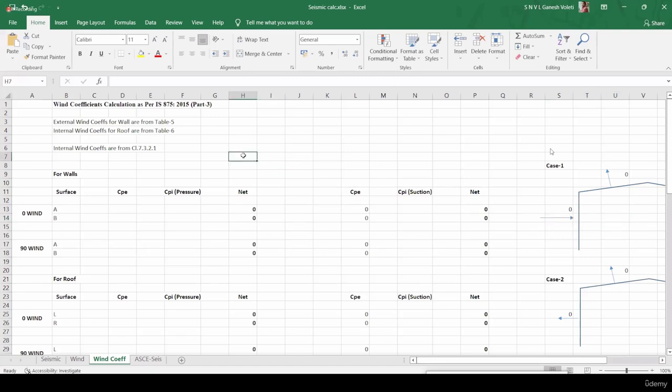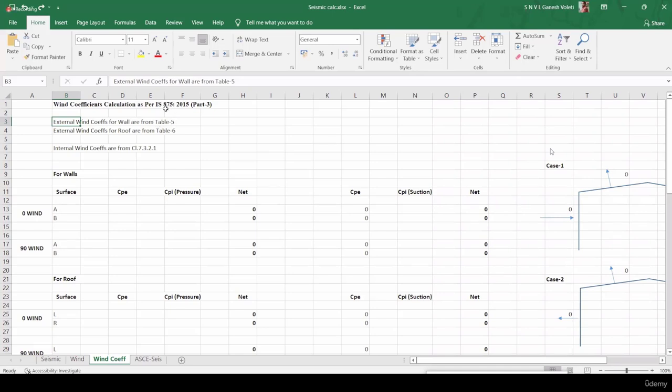For practical purposes, we use net coefficients, which are the algebraic sum of internal and external coefficients. For example, let us take external wind coefficients for walls.